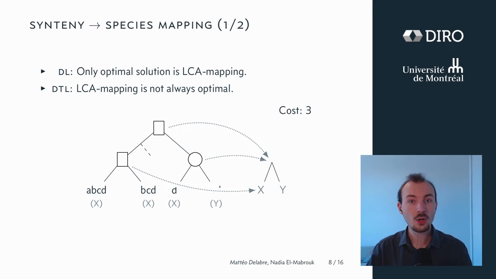If we allow horizontal gene transfers, however, the LCA mapping is no longer optimal, because, for example, we may move the mapping of this node to the species Y. This turns the speciation node into a transfer node from Y to X. By doing that, we save the full loss that I mentioned earlier. And overall, the number of events is 2.